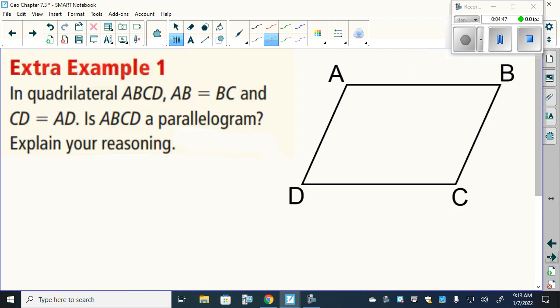So looking at this here, in the quadrilateral ABCD, we are told that AB is equal to BC, so we can mark that. We're also told that CD is equal to AD. Can we say that this is a parallelogram?